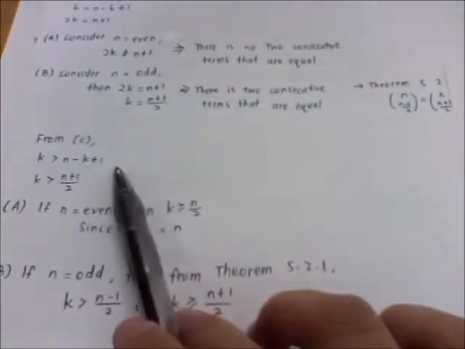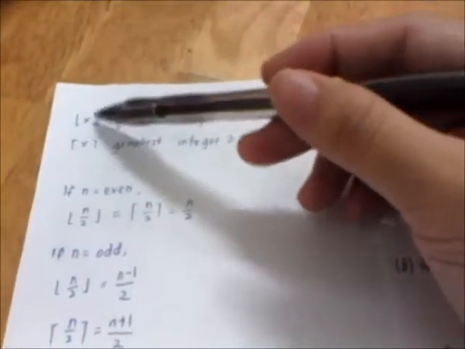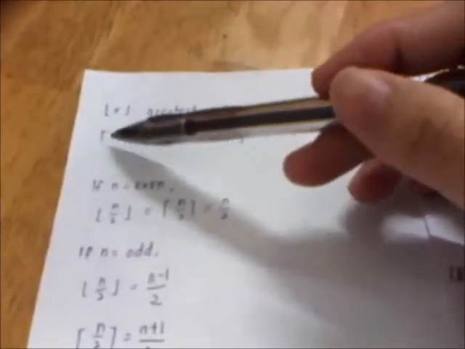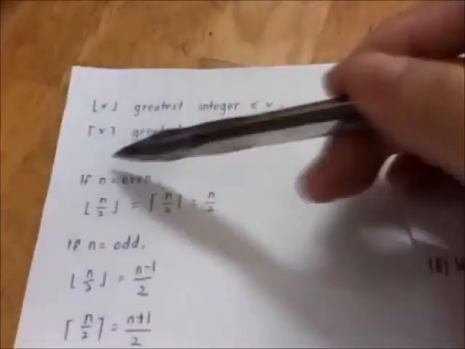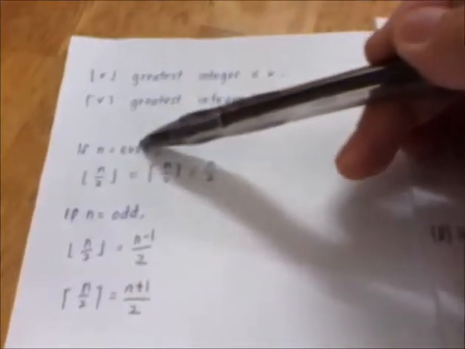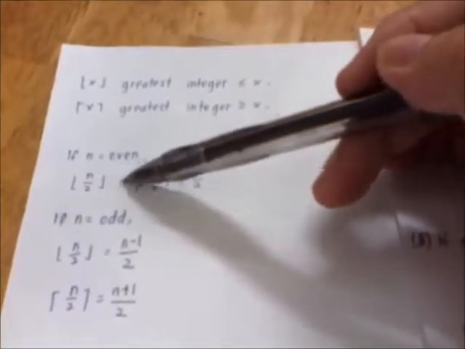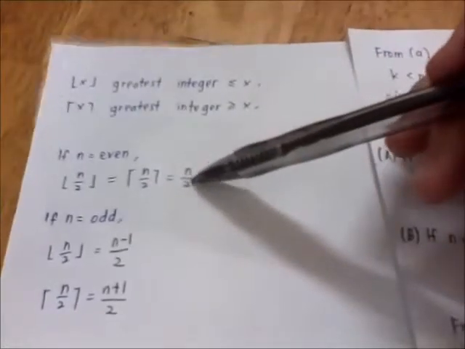Okay, now let's look at the idea of floor and ceiling. The floor of x is the greatest integer less than or equal to x. The ceiling of x is the smallest integer bigger than or equal to x. When n is even, the floor of n over 2 is equal to the ceiling of n over 2, which is equal to n over 2.